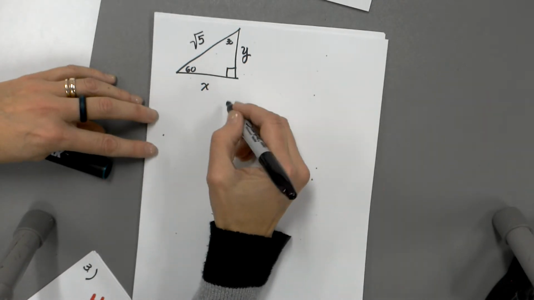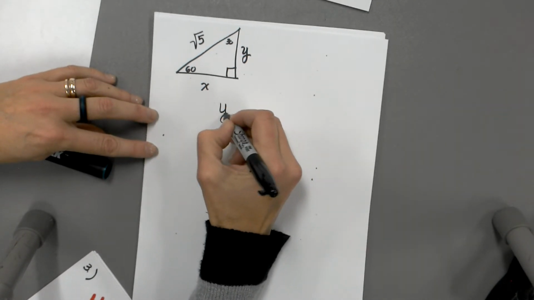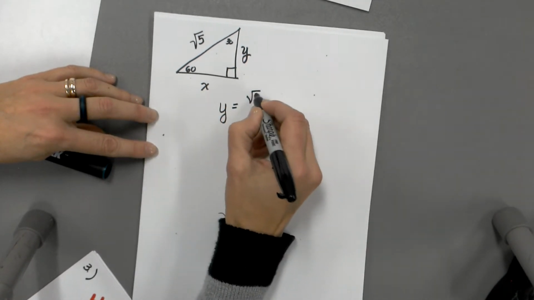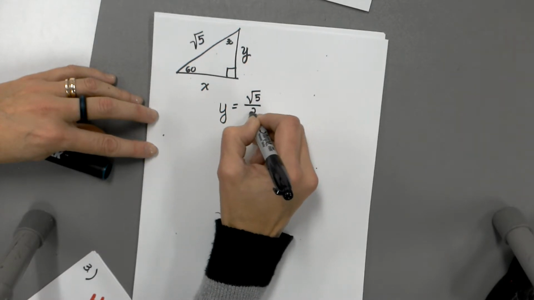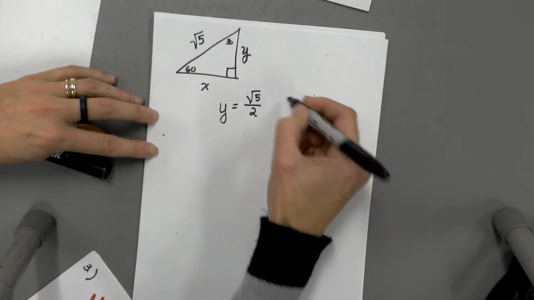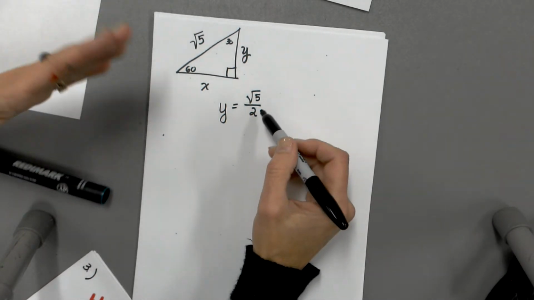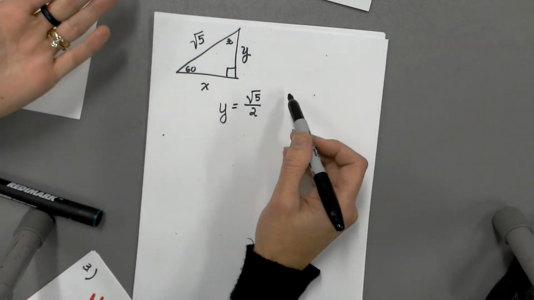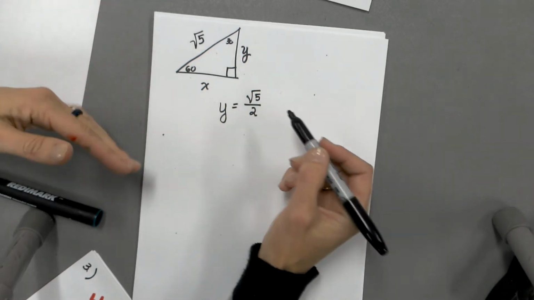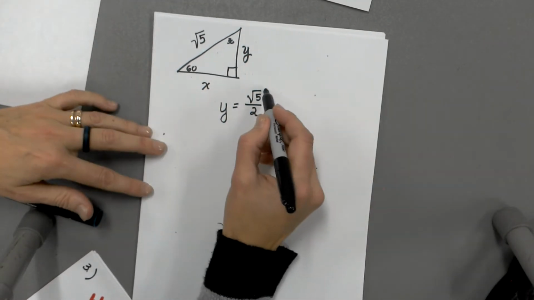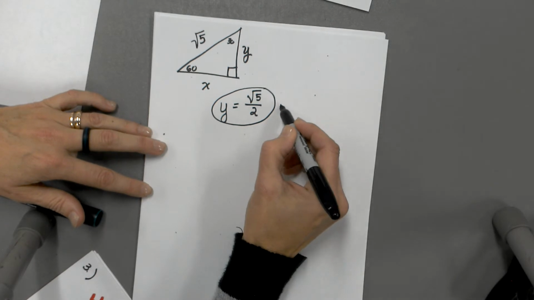So according to our rules, our short leg is just the hypotenuse, which is the square root of 5, divided by 2. And so that's it. That's the short leg, square root of 5 divided by 2. Notice, if I take the short leg and multiply by 2, it would just give me the square root of 5, which is the hypotenuse, so that all looks pretty good to me.